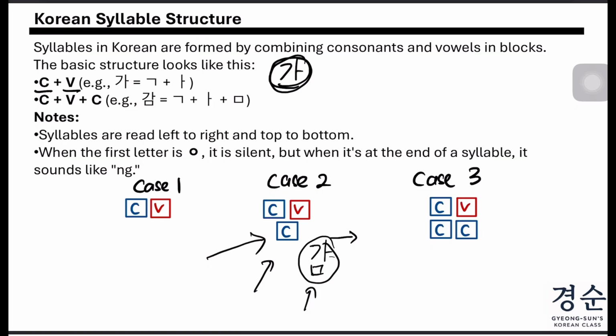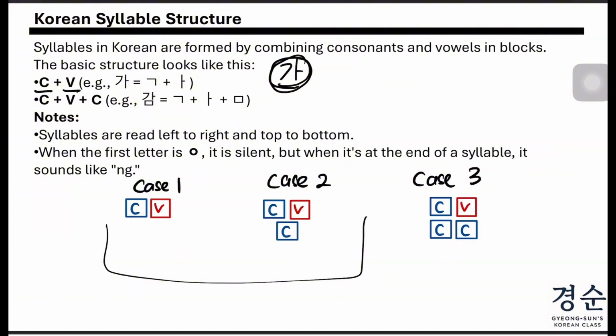So in short, in case 1 we have one consonant and one vowel, in case 2 we have 2 consonants and 1 vowel, and in case 3 we have 3 consonants and 1 vowel. For the beginner, for the current level, you can focus on case 1 and case 2, because case 3 is later on. As mentioned, for Ian, this circle is silent at the beginning, the first letter, and if it's at the end of a syllable, it sounds ng.